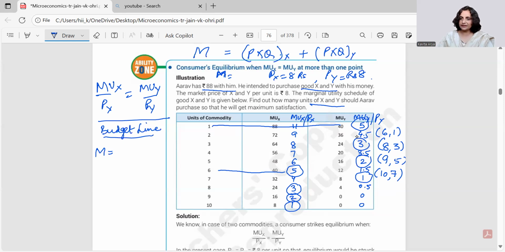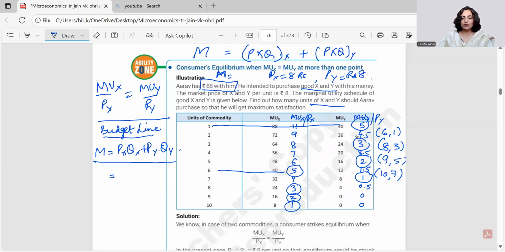He can spend only this much money on both the products X and Y. So Px into quantity of X plus Py into quantity of Y. I have to now check these four values for this very statement. Wherever the answer is equal to 88 rupees, that is my right answer, because he wants to spend 88 to get the maximum satisfaction.